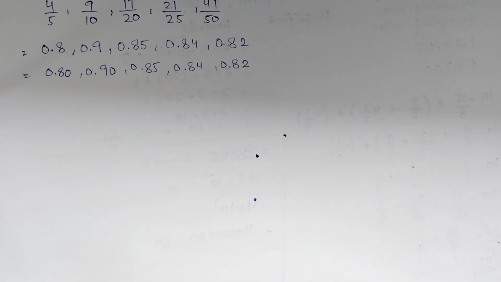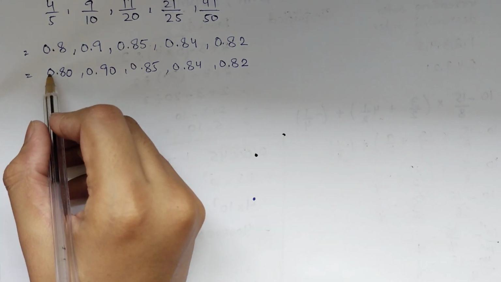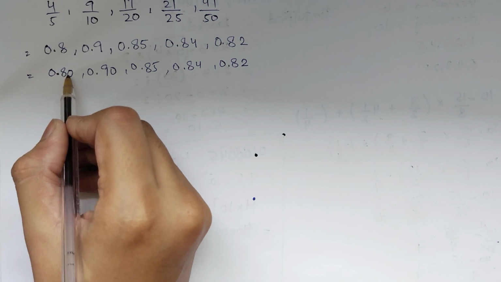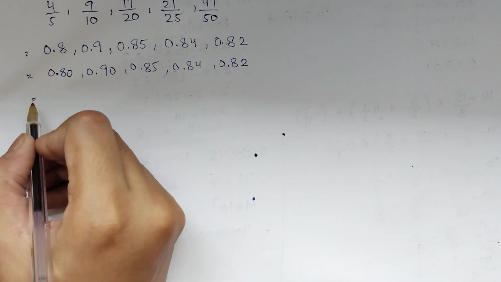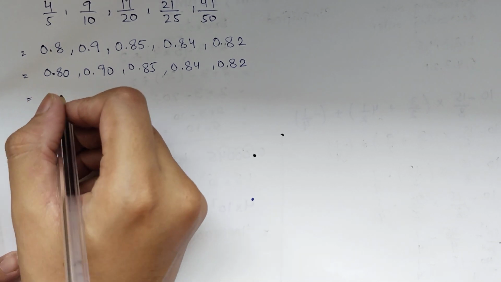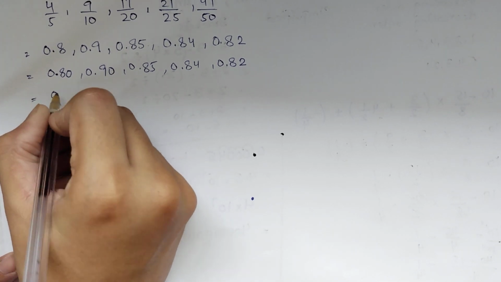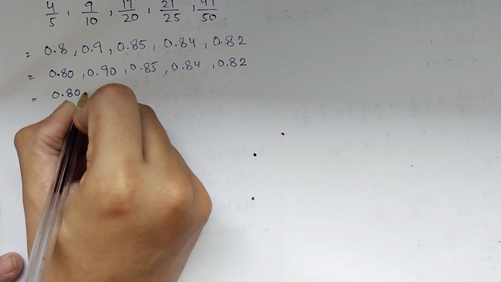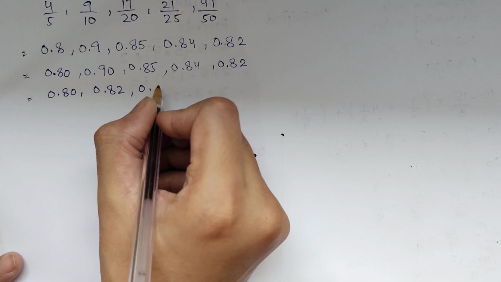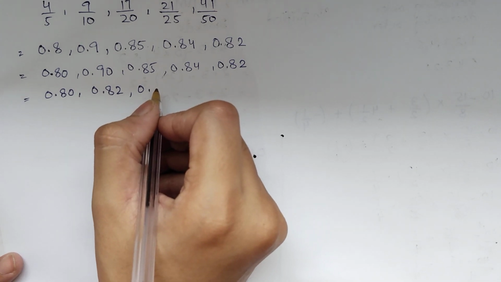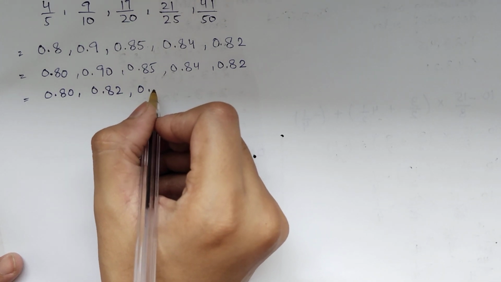Now check which one is the smallest. This is 0.80. It means 80, 90, 85, 84, 82. So you all have to know which one is smallest. 0.80 is smallest, then 0.82. For understanding, I am telling you this way.